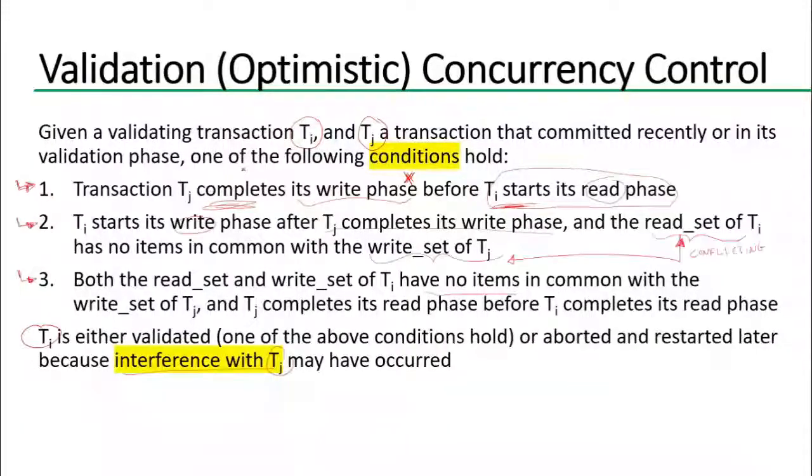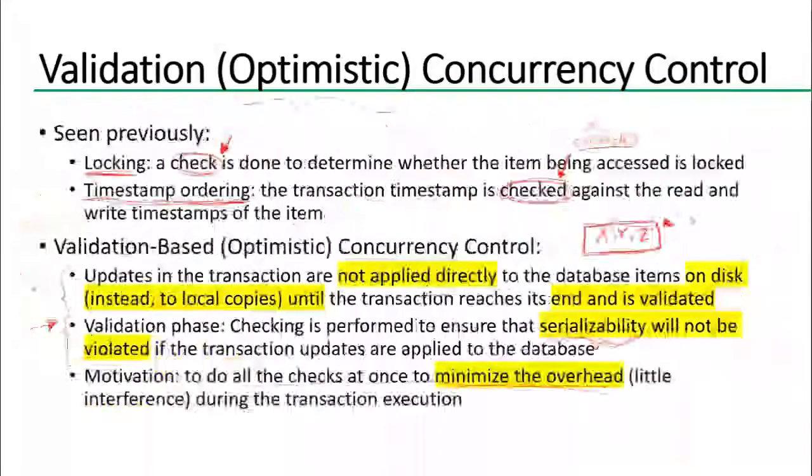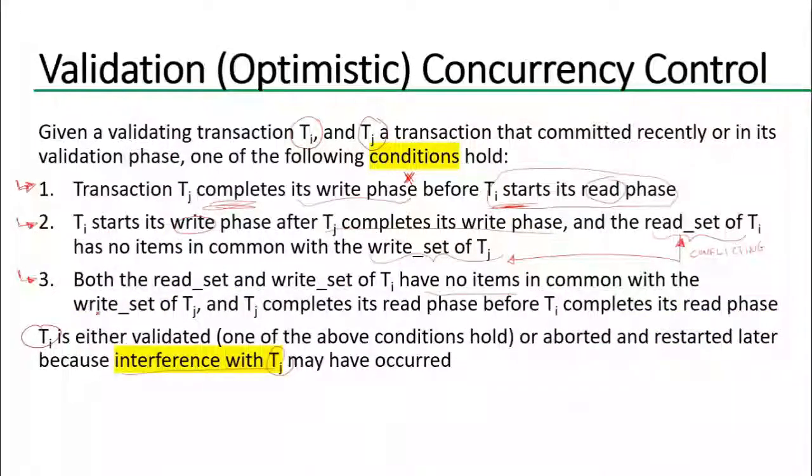So this was validation, or optimistic concurrency control. We implement two phases. One is working on the copy, and in the second phase, you validate the changes that you have made. And hopefully, none of these conditions was violated, and then you can just reflect the changes that you have made in memory to the database. That's why it's optimistic concurrency control.